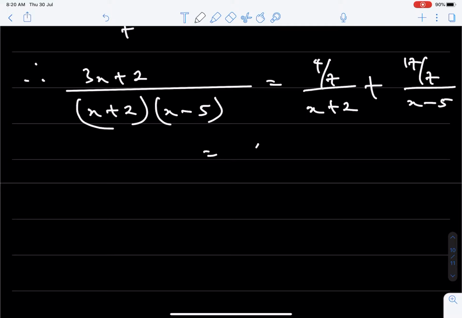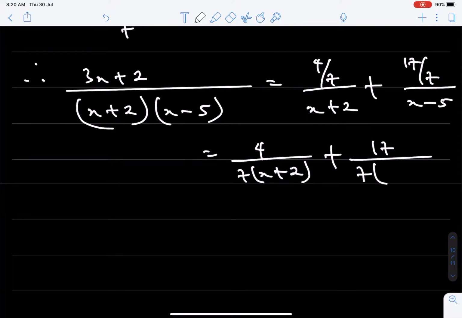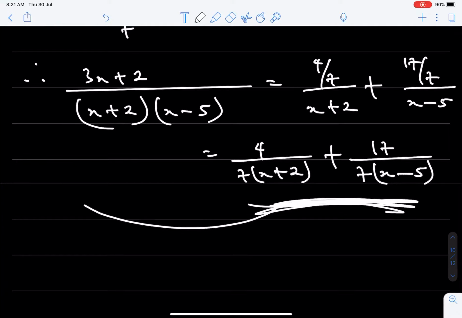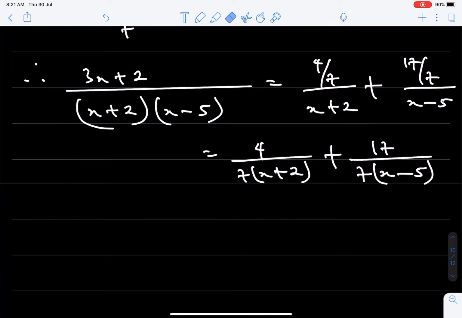And of course, that's the same as 4 all over 7 times x plus 2 plus 17 all over 7 times x minus 5. And that's it. So if you care, add these two fractions and see if you get what we resolved into partial fractions. That's what you're going to get if you do the right thing.